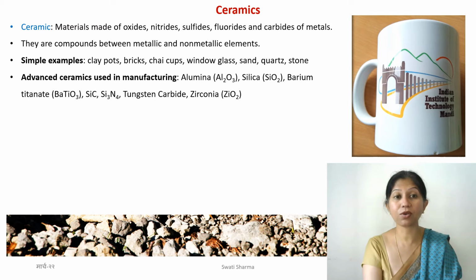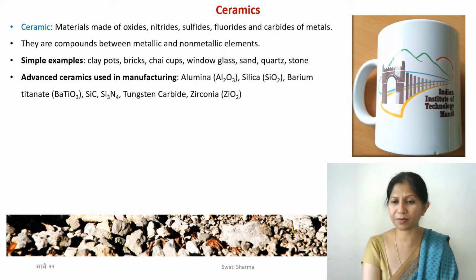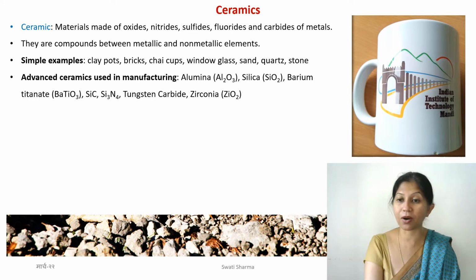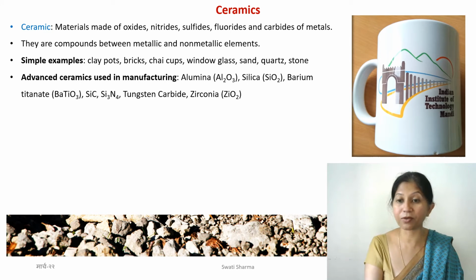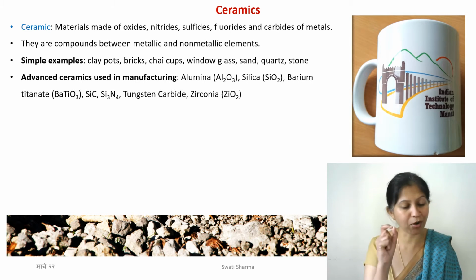But of course, when we use them now for industrial applications, for advanced manufacturing applications, then we have not just these materials, but also well-defined compounds of metals. When I say well-defined, that means we know what we want from this material. We also know the exact properties that we expect.